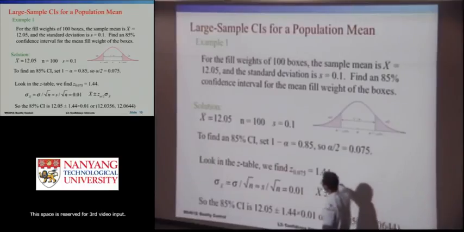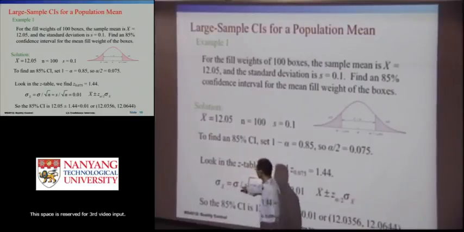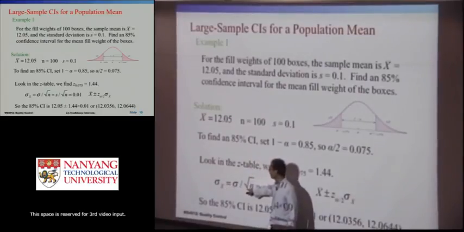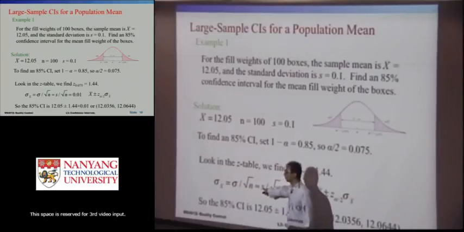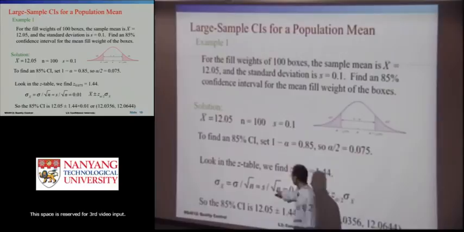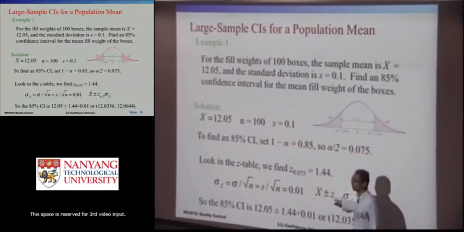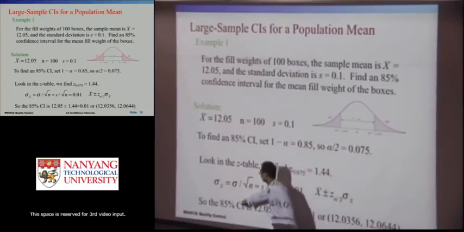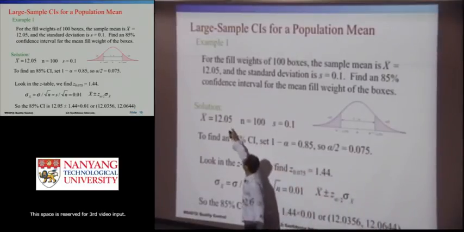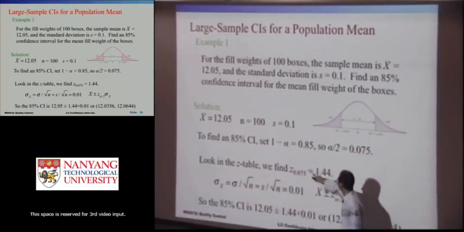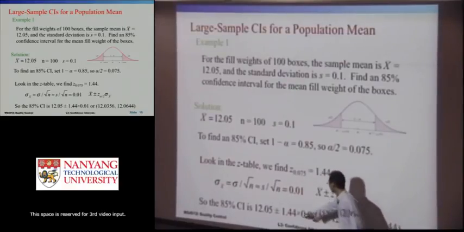Then we can calculate sigma x bar. Sigma x bar exactly equals sigma divided by square root n. But we don't know the value of sigma. So we approximate it by the standard deviation of the sample. Plug in the values, we get this one. And this is the formula we should use. So for the 85% confidence interval, we plug in x bar here, z alpha over 2 here, sigma x bar here, and we get this range.